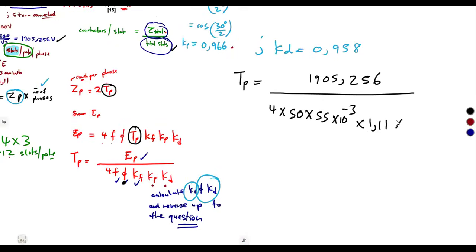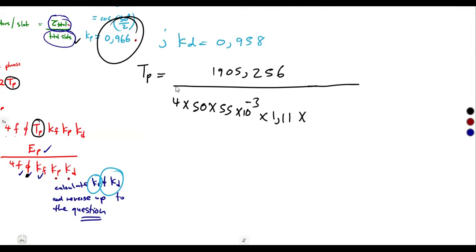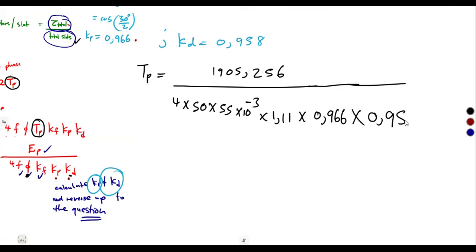So you've got your form factor. You move on to the pitch factor, which you calculated: 0.966, times our distribution factor, which is 0.958. Substituting this is going to give us the turns per phase.